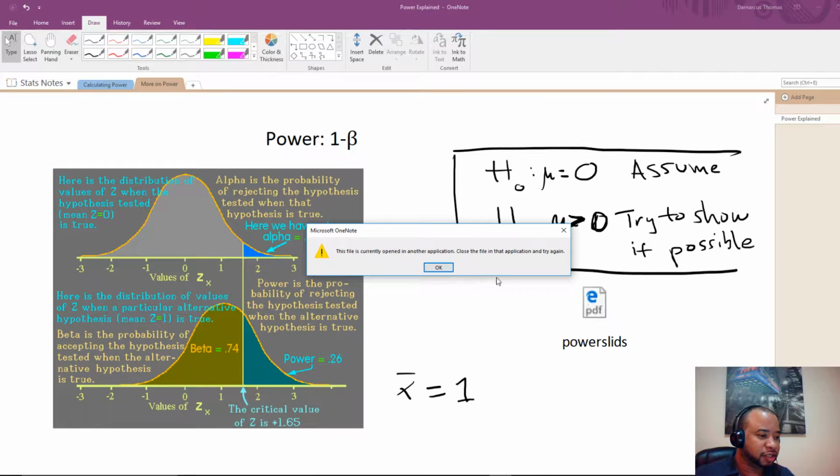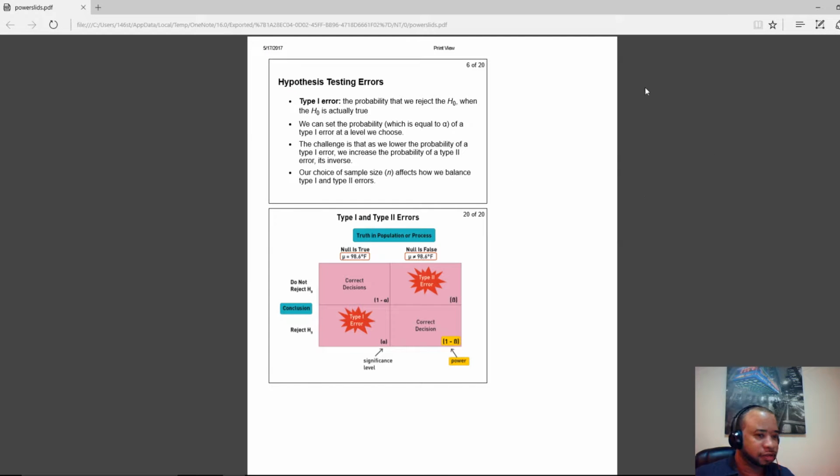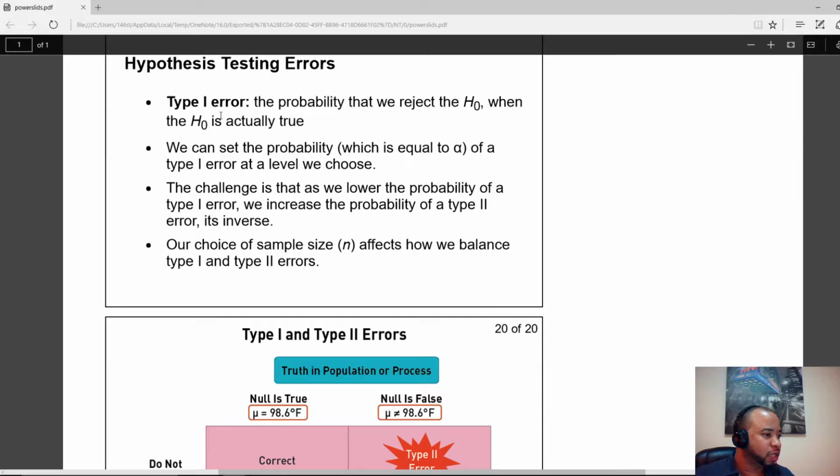If we click on the slides, see if I can pull up the slides here. Hypothesis testing errors. Type 1 error: the probability that we reject H null when H null is actually true.